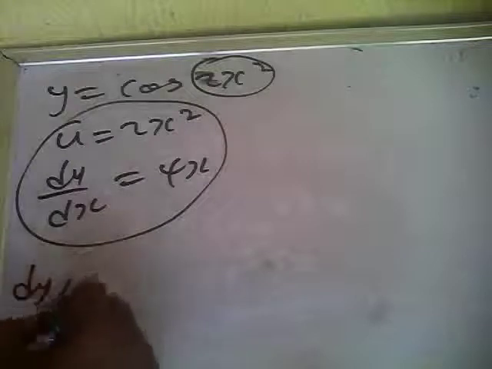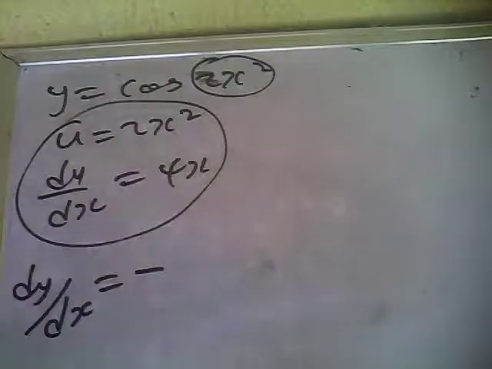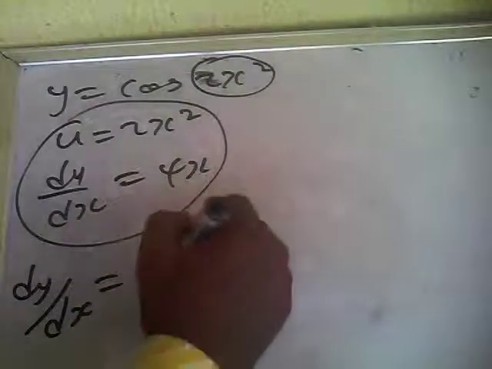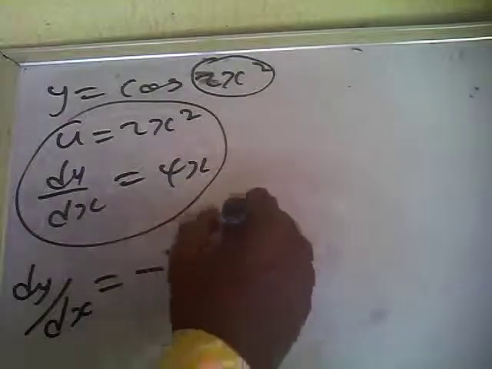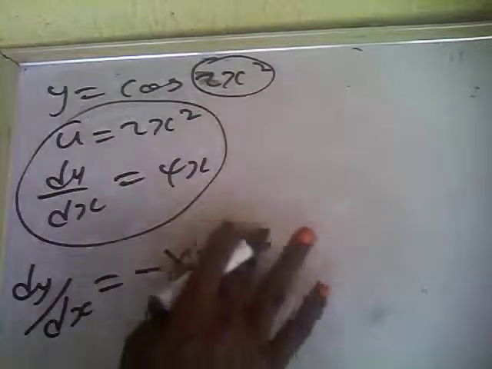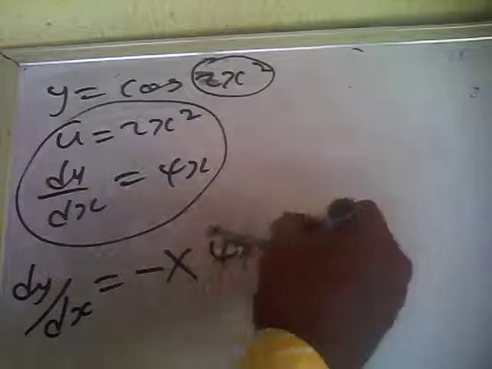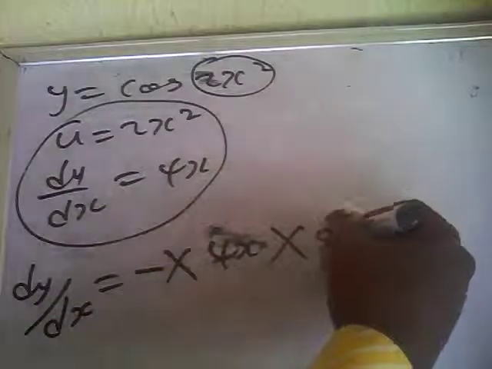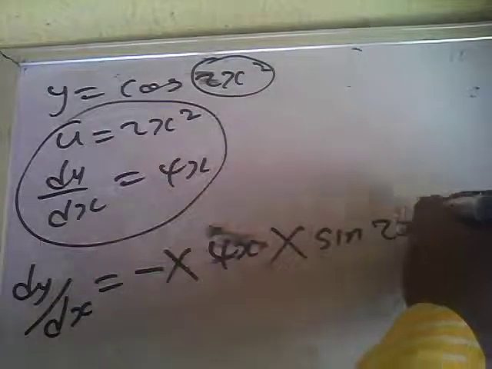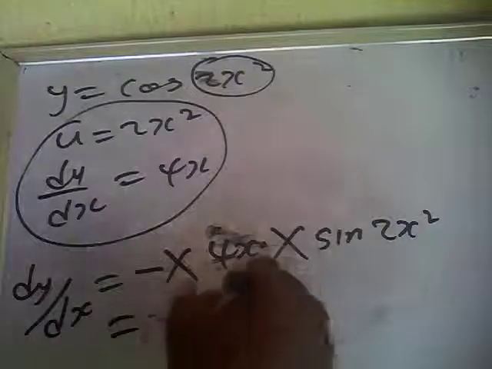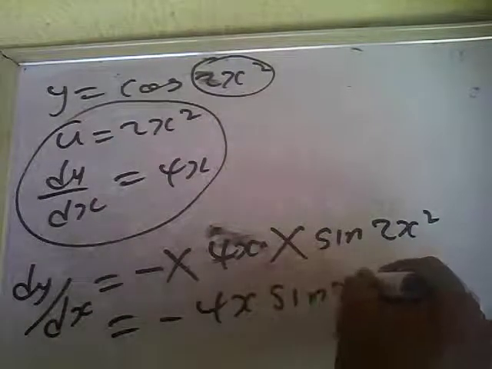Now since it's a cos function, we first say minus, times du/dx, which is 4x, then times sine of 2x squared. So what do we have there? We have minus 4x sine 2x squared.